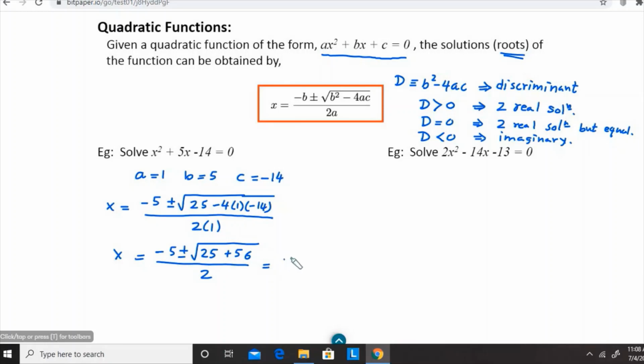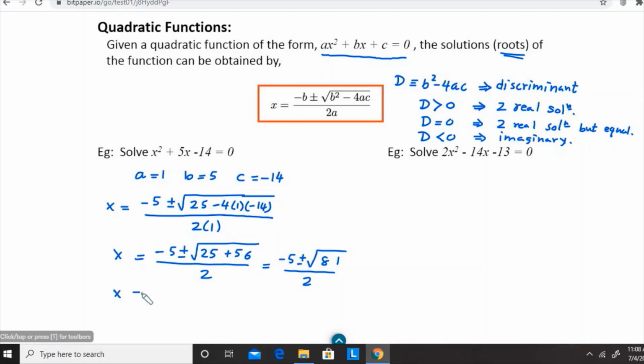So it's a matter of simplifying this expression, plus or minus square root of 81. You should know the square root of 81, which is just 9.